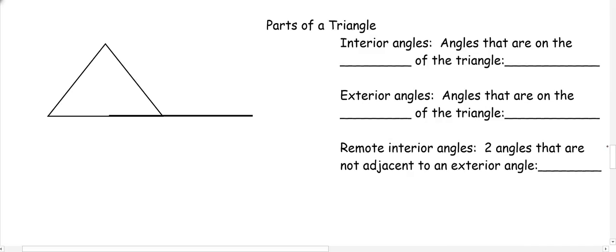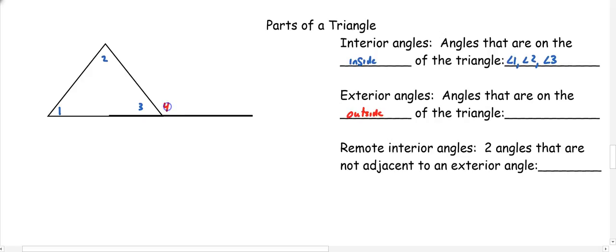Now, the parts of a triangle. The interior angles are the angles that are on the inside of the triangle. In this case, we have 1, 2, and 3, so angle 1, angle 2, and angle 3 are interior angles. The exterior angles are angles that are on the outside of the triangle.